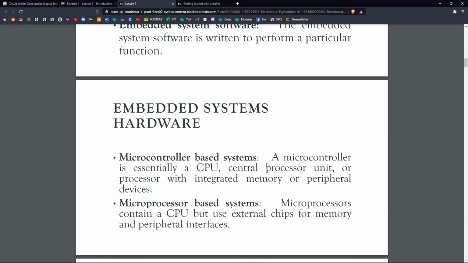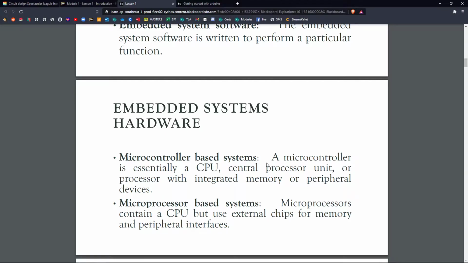Meanwhile, microprocessor-based systems contain more than just a processing unit, but also include memory and other peripheral devices. A common example would be your mobile phone.